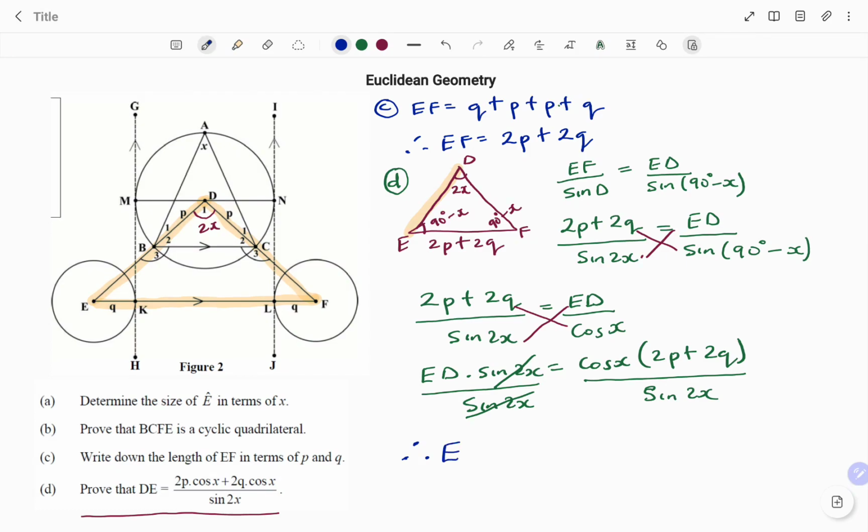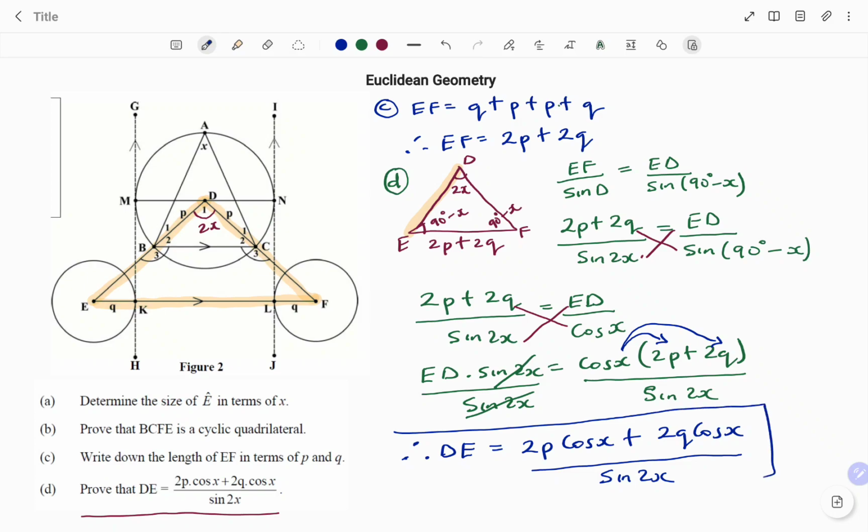So therefore the distance ED, which is also, I can swap that to be DE to reflect what I have in my question. ED is also the same as DE, so I have DE is equal to, expanding at the top, cos x is going to multiply all the terms in the bracket, so I have 2P cos x plus 2Q cos x divided by sine 2x. Thanks for watching. Bye.